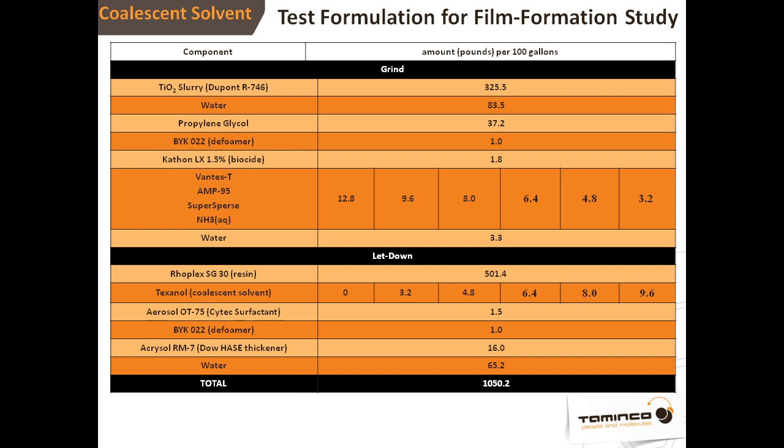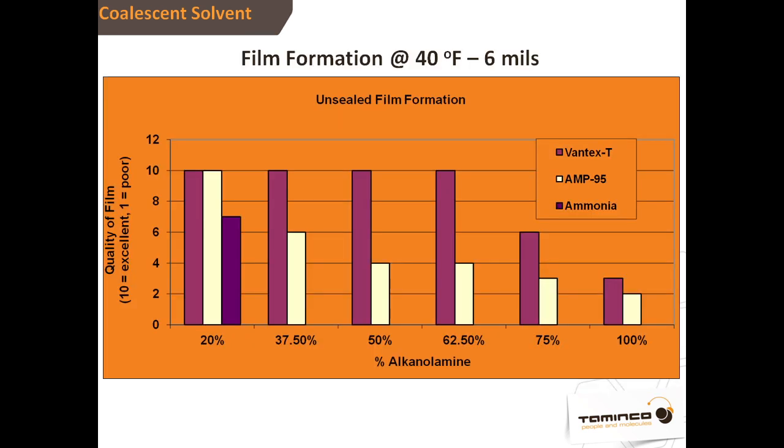Now, given that we're focused on the coalescent, the performance parameter we will measure, of course, is film formation, or minimum film temperature, or something like that. So we took a look at low temperature film formation. And what we saw in the case of the initial formula, which was a formula that was optimized for AMP and contained a little bit of alkanolamine and a lot of Texanol, we saw that the multifunctional alkanolamines had good low temperature film formation, that an ammonia-based comparative formulation did not.